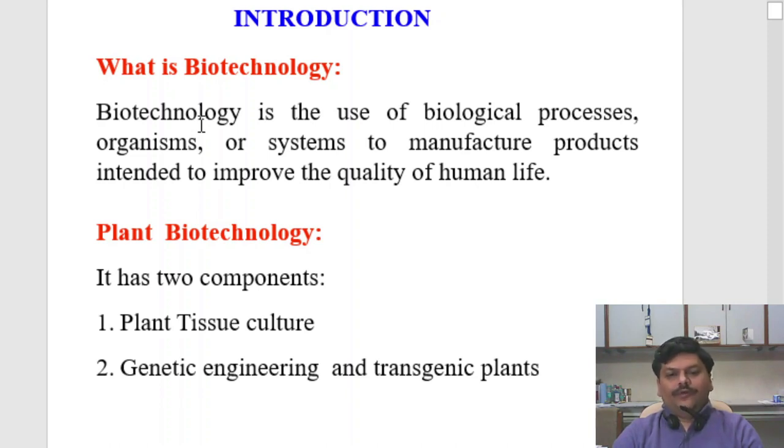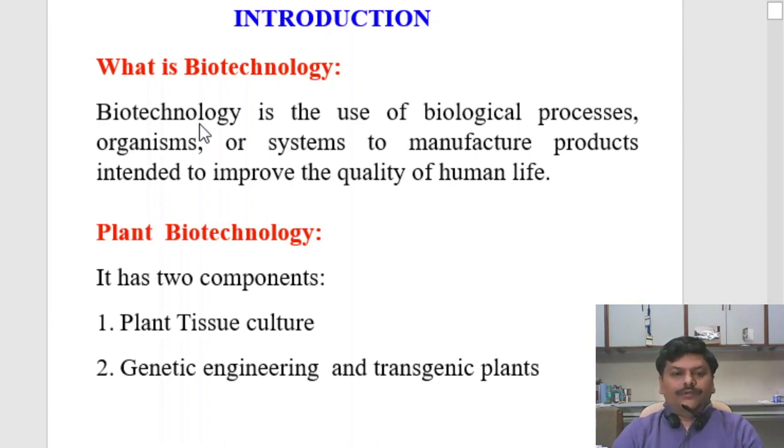Say for example fermentation, which is carried out by either bacteria or yeasts. When we talk about organisms, that means we basically modify the whole organism, say for example plants, say for example microbes, to produce, like, antibiotics or products which have high food quality and so on.